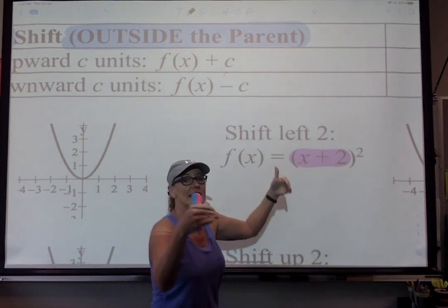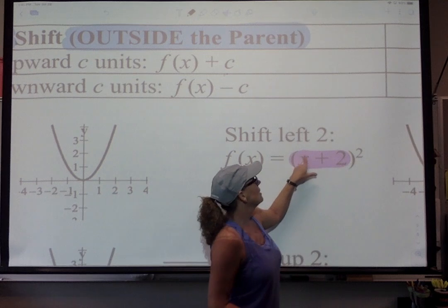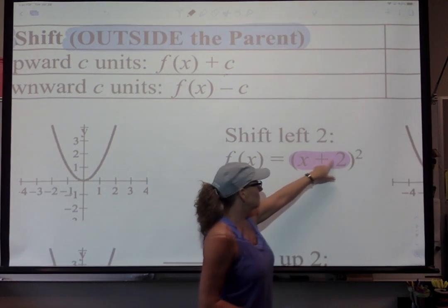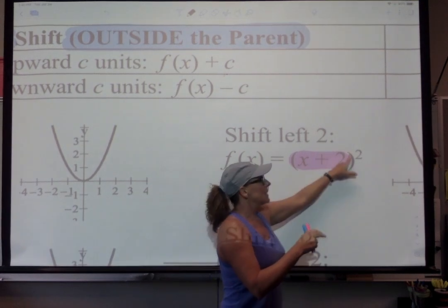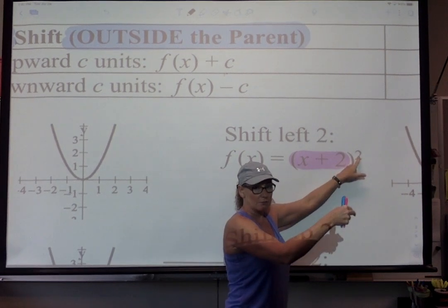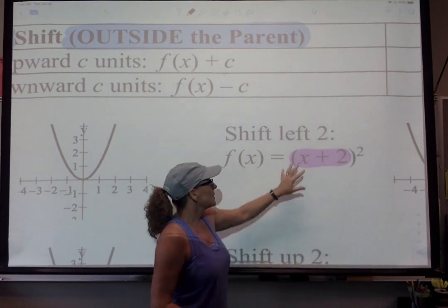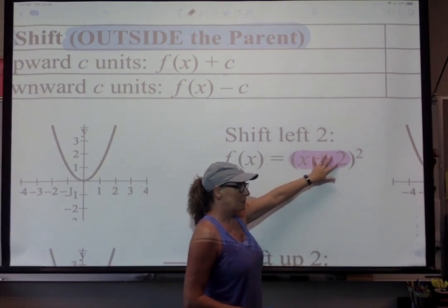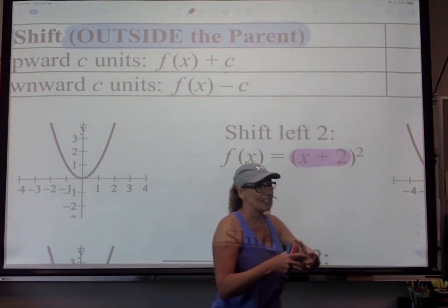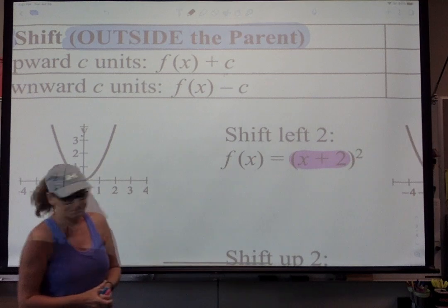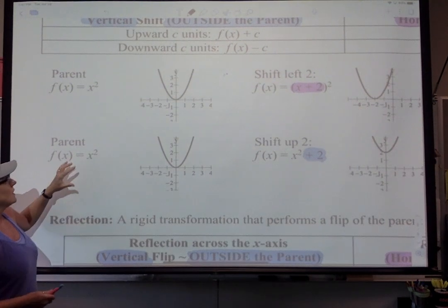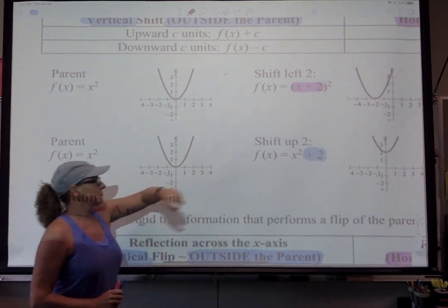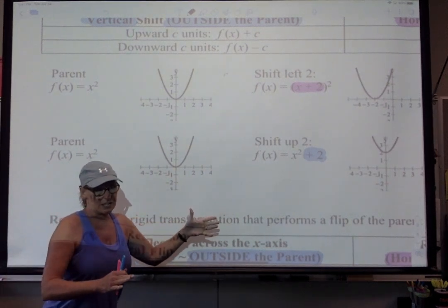I'm going to call that inside the function because this stuff that I've highlighted in pink is inside the parentheses that are being squared. This would be a horizontal transformation. It is inside the parentheses.